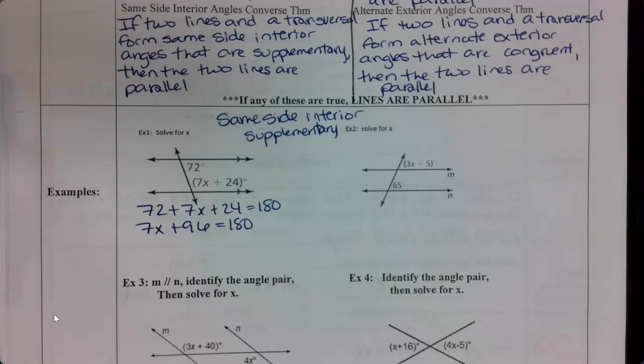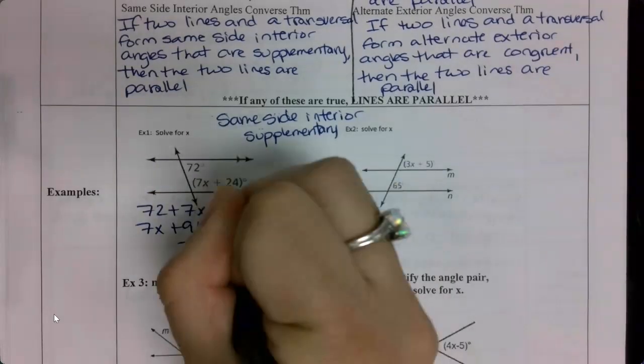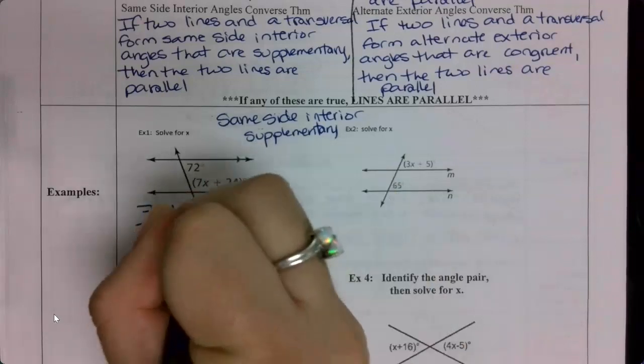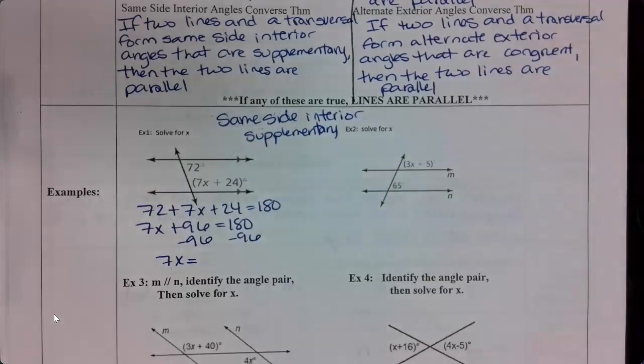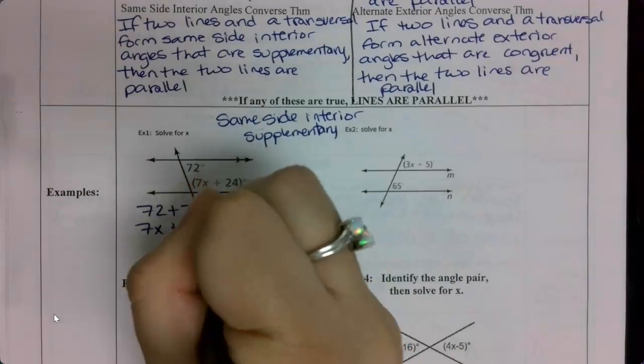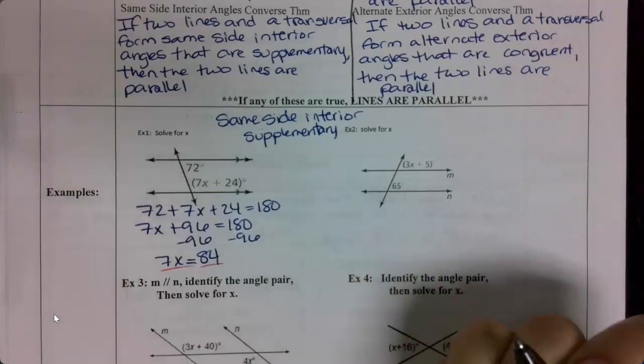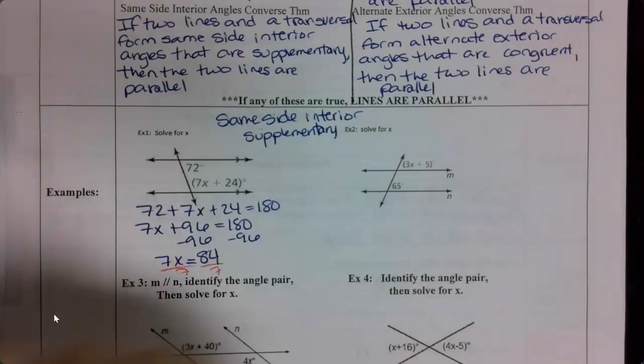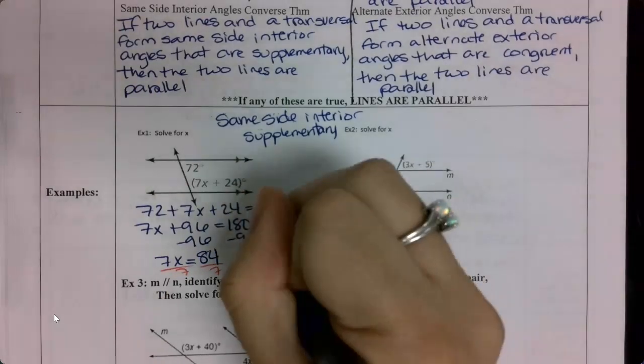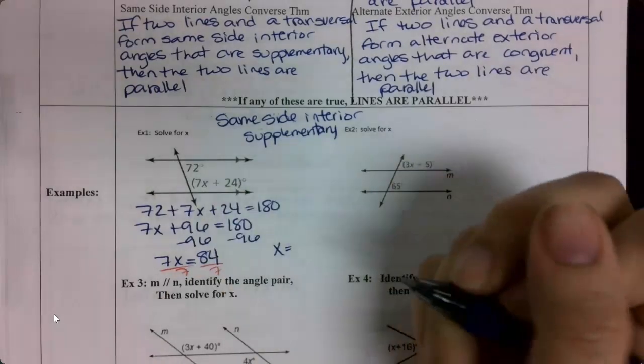And then what do I want to do next? So I get 7x equals 84. Then to get x alone, I do what? Divide by 7. So I get x is 12.